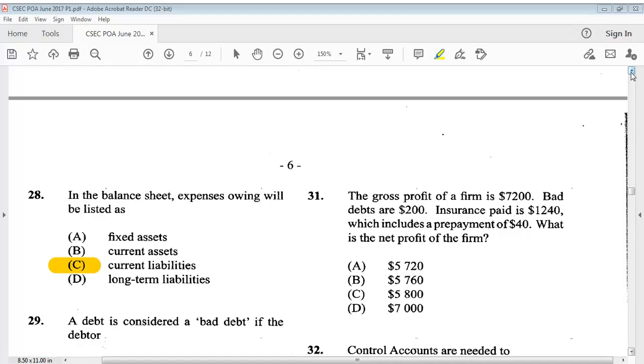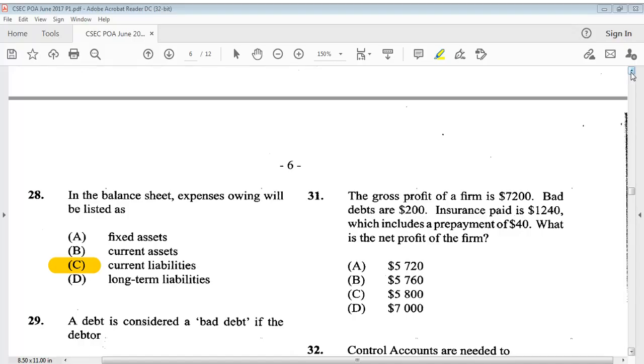So our income statement. So okay, we have our gross profit $7,200. So we're going to less our expense. Okay, so bad debts, we have bad debts 200. Then we have insurance 1,240, and there was a prepayment of $40. So we deduct $40 from that 1,240.